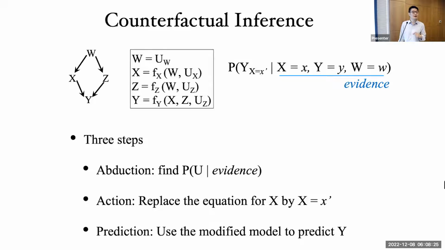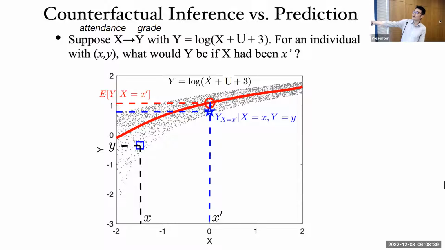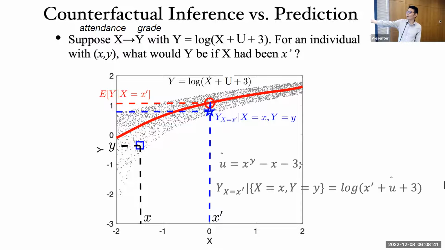Why can we do so? It's because this intervention does not change my hidden features. That's why I can use the U information, the information of the hidden features learned from the evidence, when I try to answer the question. Now, quantitatively, you can see how we can answer. First of all, from the x, y values, you can see the estimated value of noise: U hat would be e to the power of y minus x minus 3. And then I can answer this question.